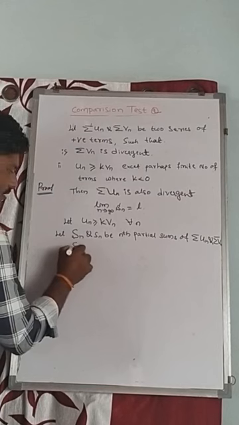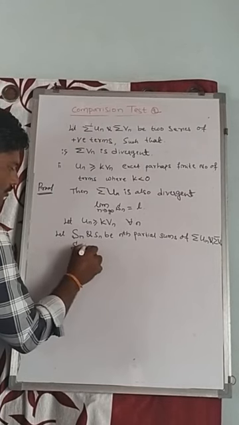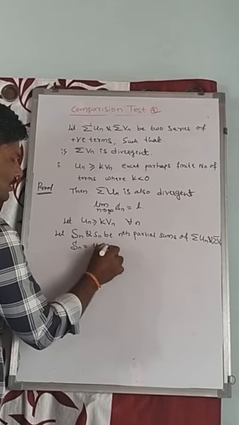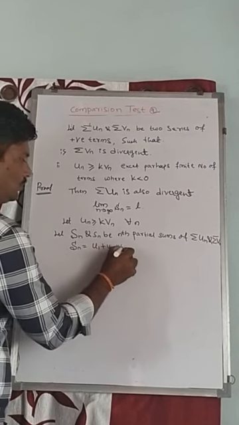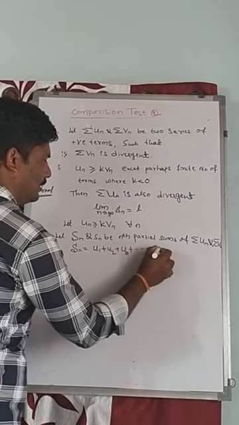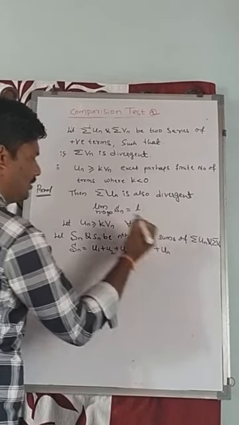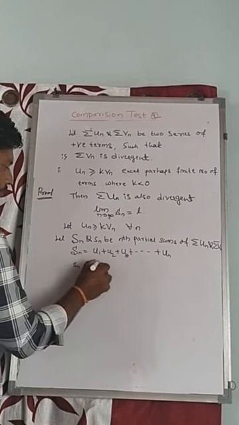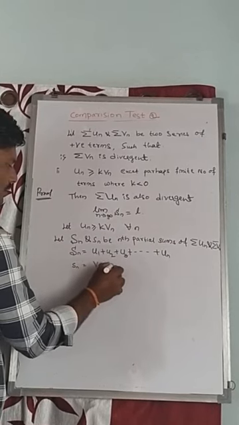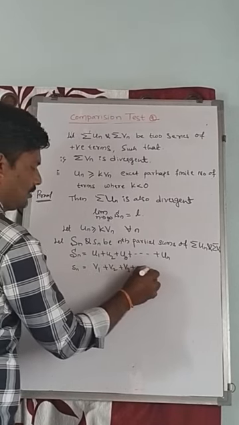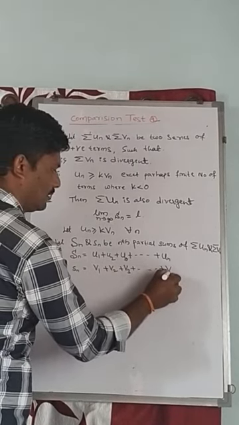Then capital Sn, the nth partial sum, is u1 plus u2 plus u3 up to un, and small sn is equal to v1 plus v2 plus v3 up to vn.